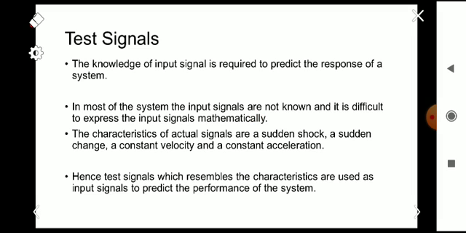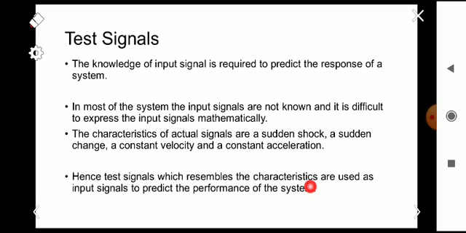The characteristics of actual input signals are a sudden shock, a sudden change, a constant velocity, and a constant acceleration. Hence test signals which resemble these characteristics are used as input signals to predict the performance of a system.